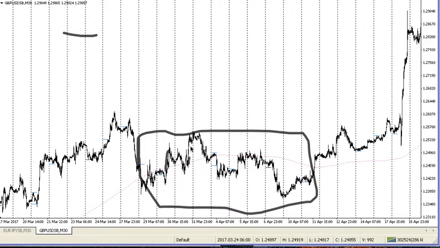Then you catch these spikes where you get a chance to get 1 or 2 wins. So you expect periods like this where the majority of your trades are losing, but you're going to grab a few wins, and that's going to keep your drawdown in check to a certain extent.